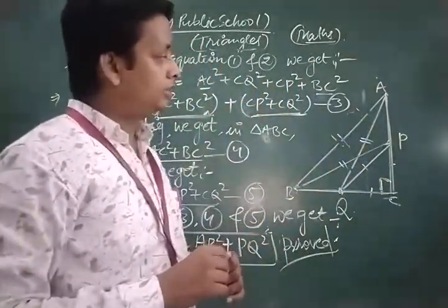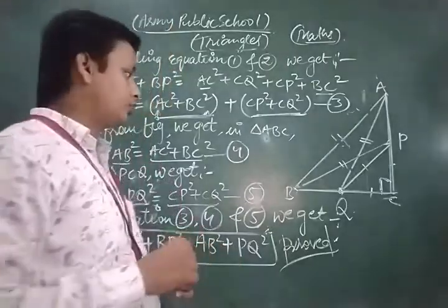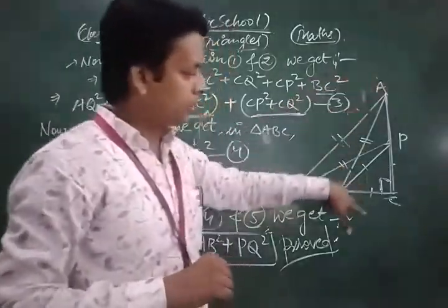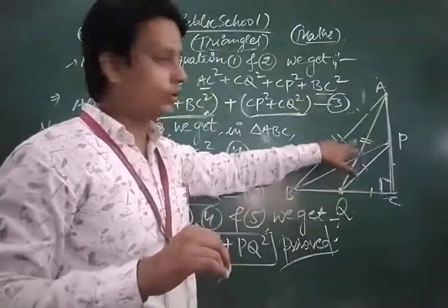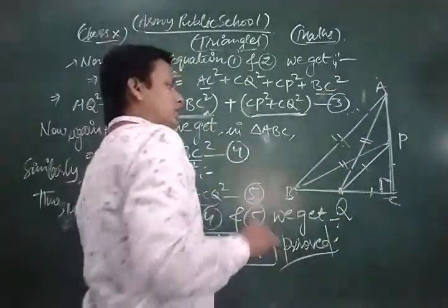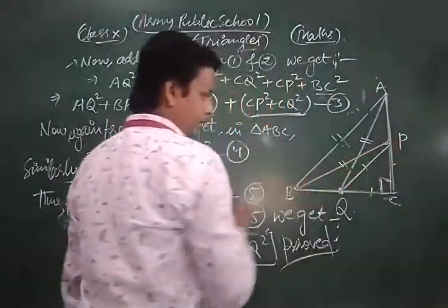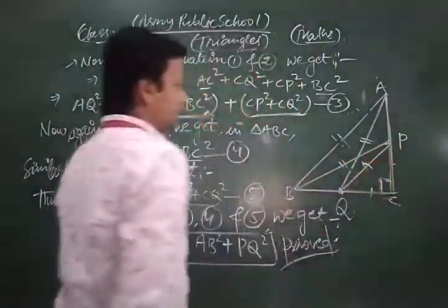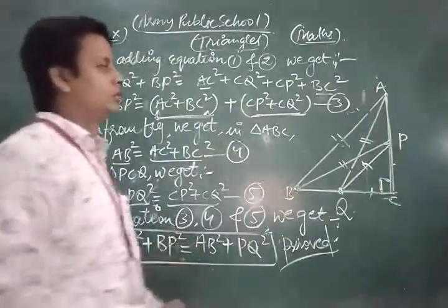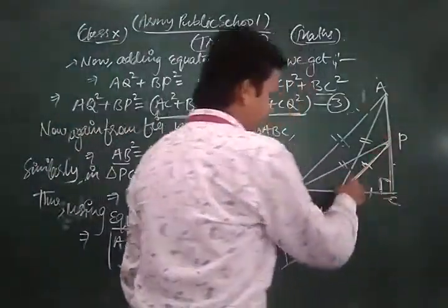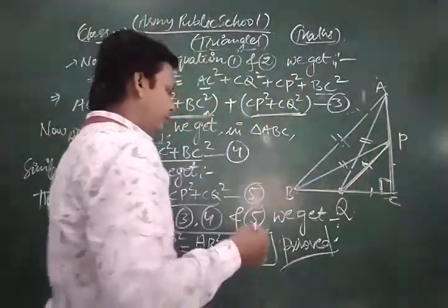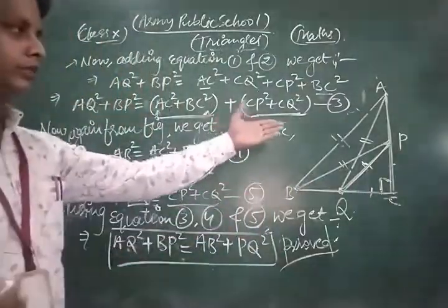Now after that, dear student, we find AQ square, so we join AQ. BP square is also there, so we also join BP. PQ square is also there in our group, so we also join PQ. Now we take one by one right angle triangle.